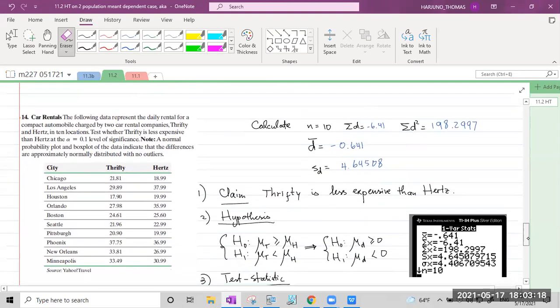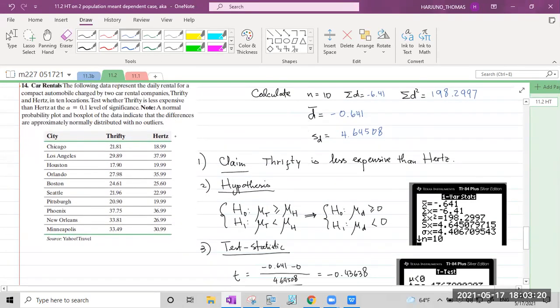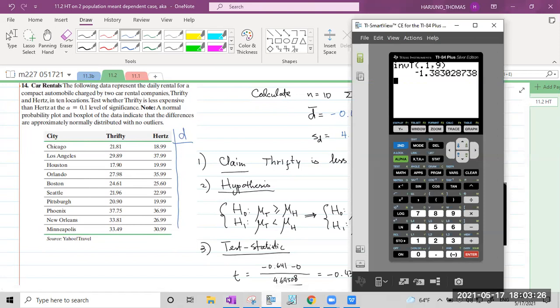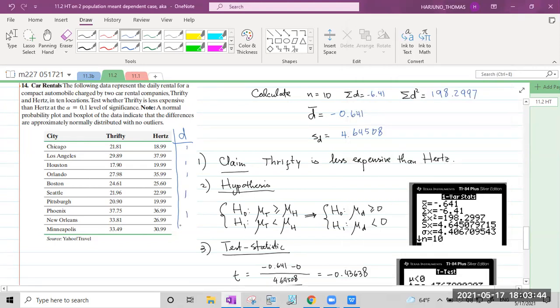Even if I need you to show me the differences, you can still use a calculator. What you have here is the differences: 2.82, negative 8.1, negative 2.09, and so on.